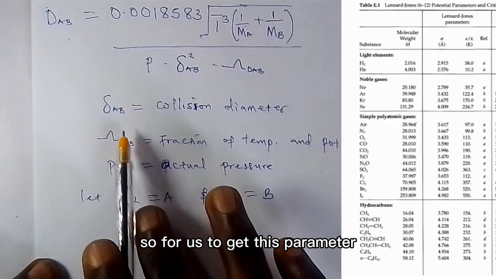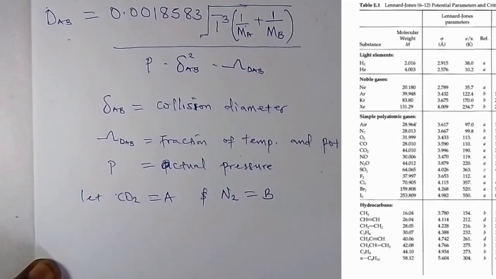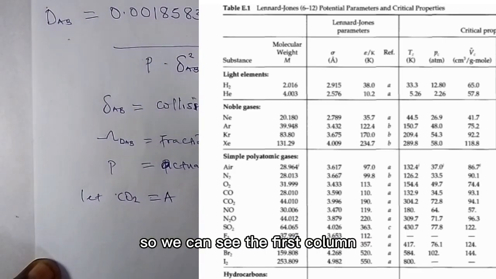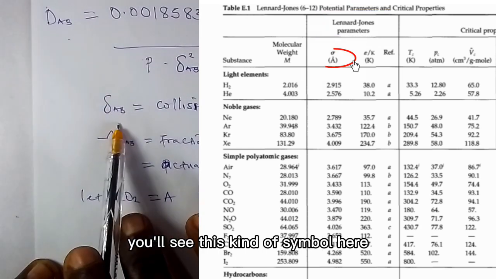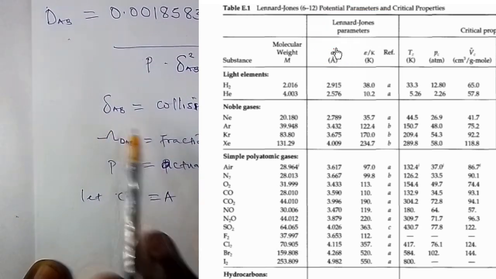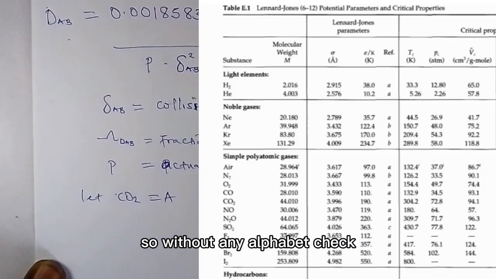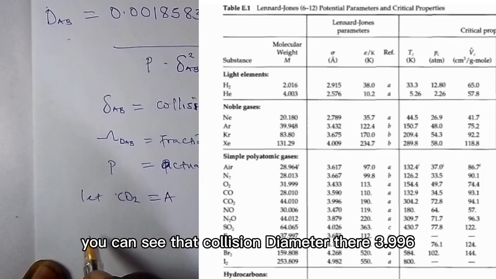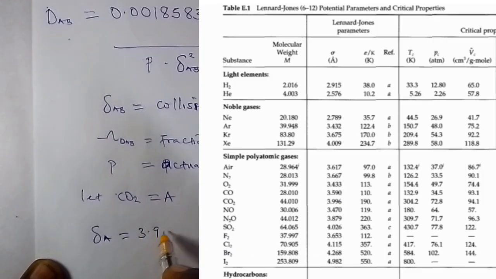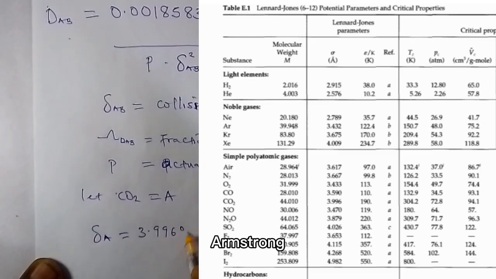For us to get the collision diameter, we can see the first column under Lennard-Jones constant. You'll see this kind of symbol here, without any alphabet. Check corresponding to carbon dioxide. You can see the collision diameter there, 3.996 Angstrom.